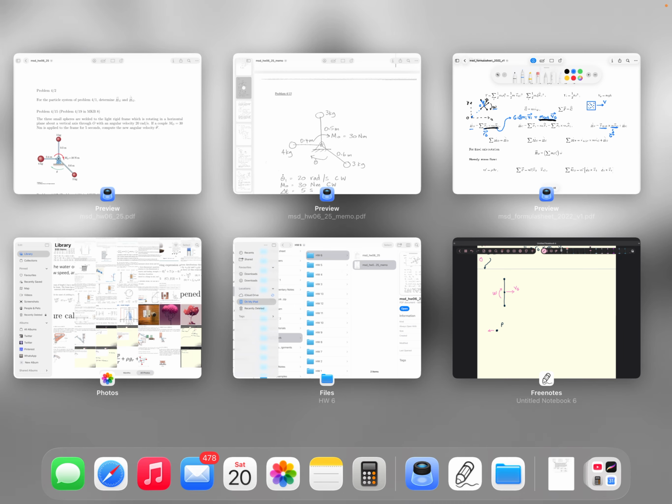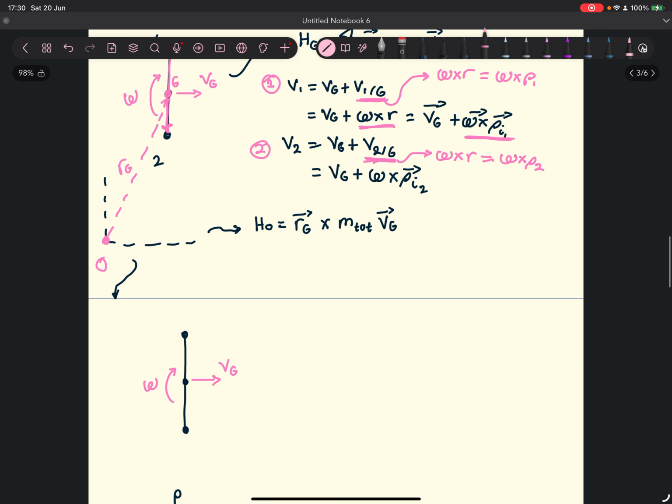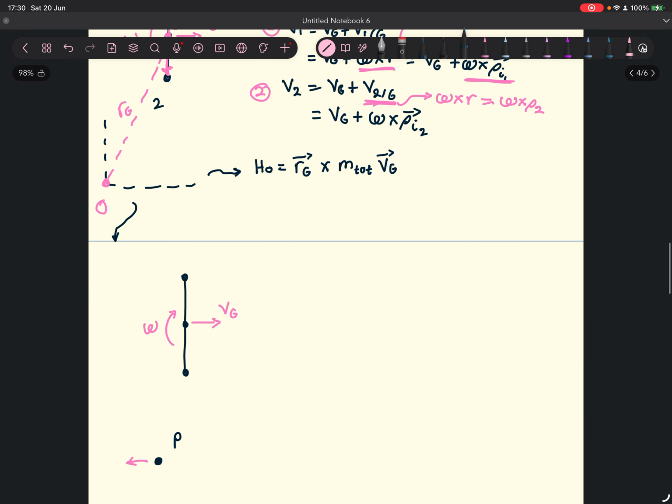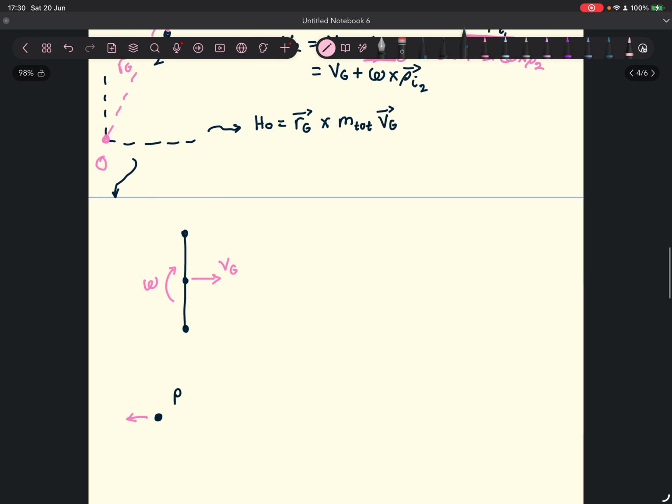So just as we did with point O, that basically describes P not moving, so we're treating it as kind of like a fixed point, right? And we're taking the angular momentum about point P, right?